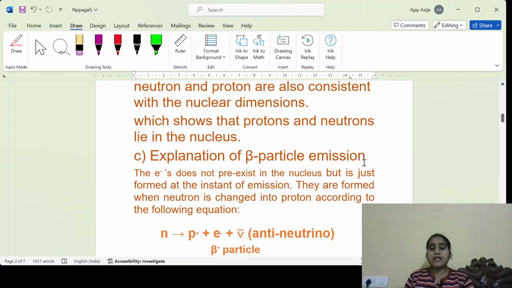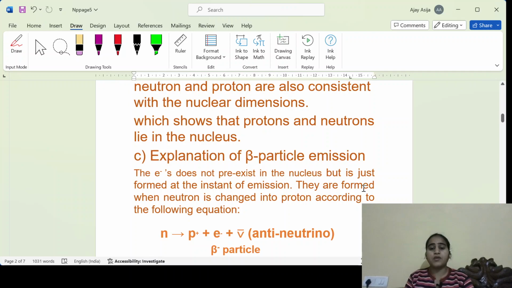Explanation of beta particle emission. According to this hypothesis, the electrons which are emitted in beta negative decay do not pre-exist in the nucleus, but are just formed at the instant of emission.